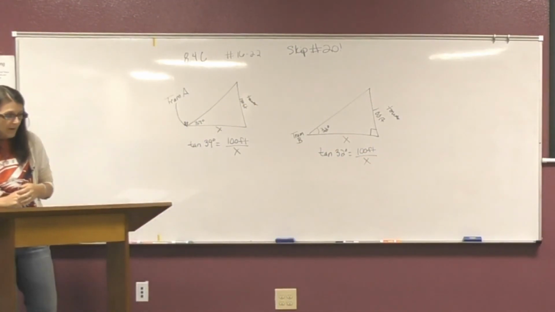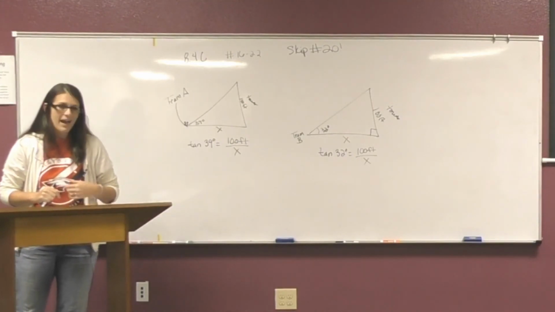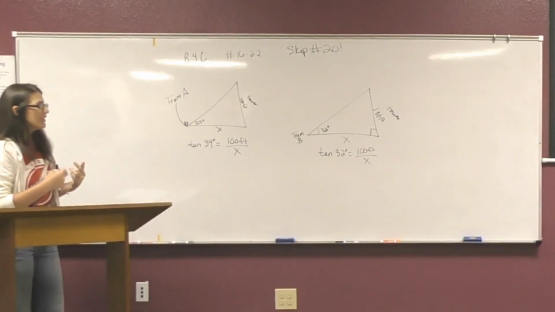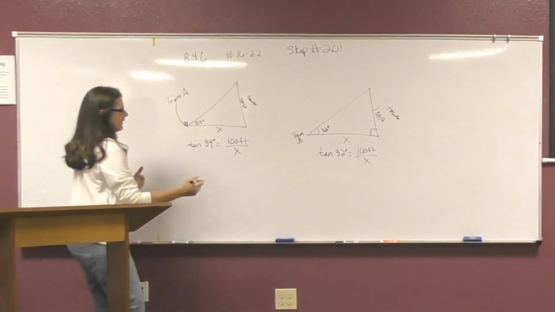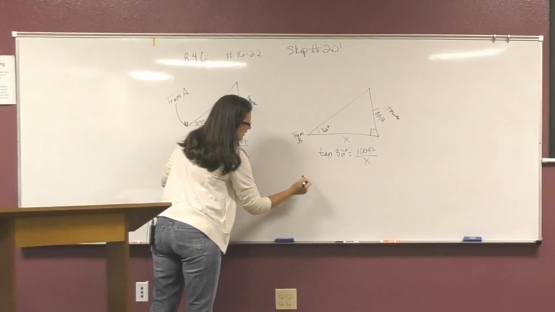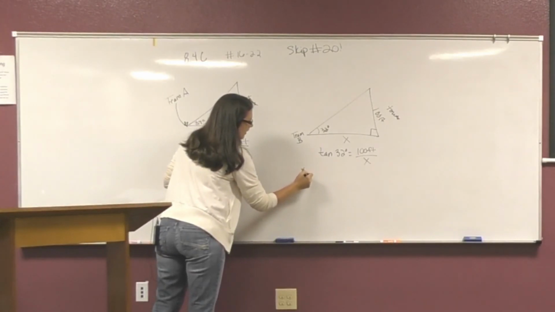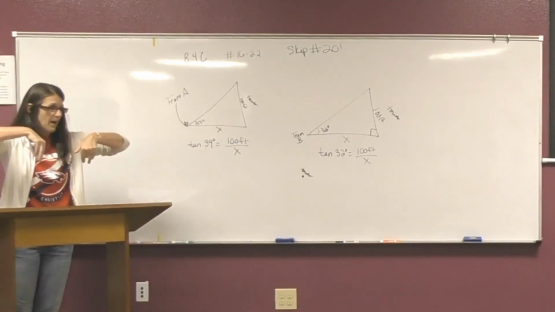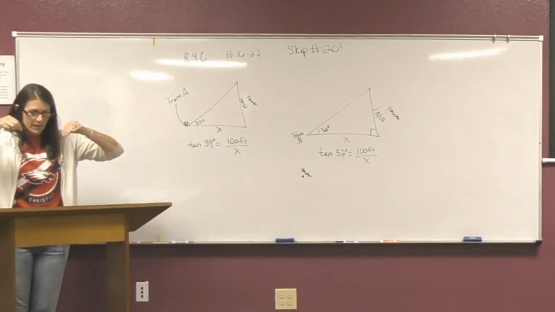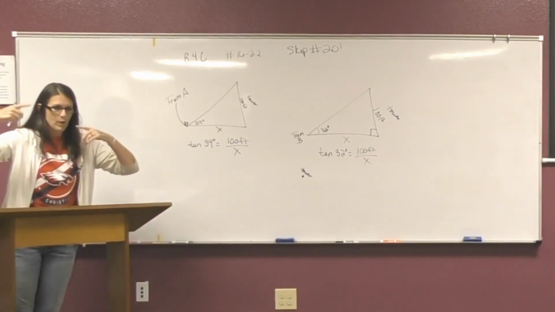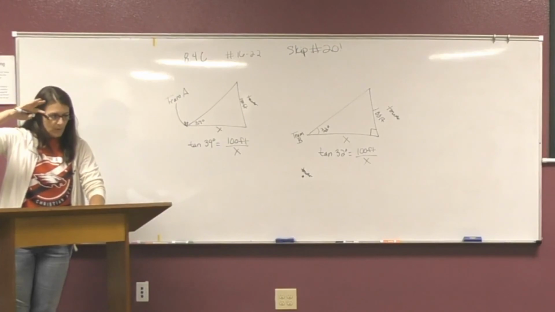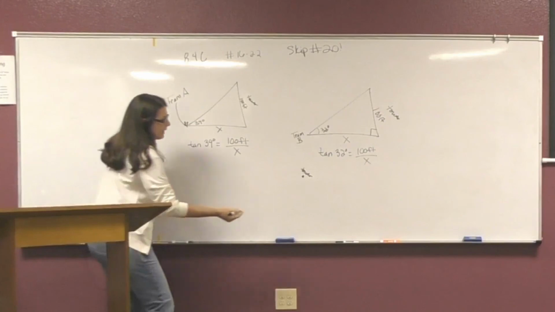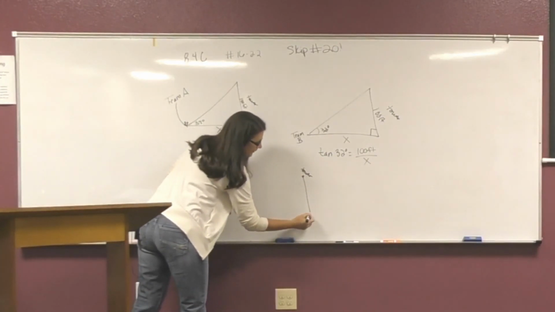Okay, now the question is, how far is team A from team B? Okay, so let's make another triangle. All right, so I'm going to make this the tower, like if we were looking down from the sky. That's the top of the tower. And we know that the tower, if we go back to the beginning of the problem, is directly north of team A. So I'm going to put team A down here, south of it.